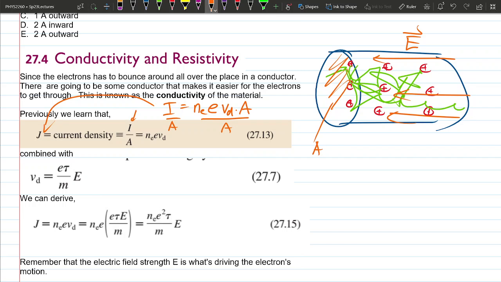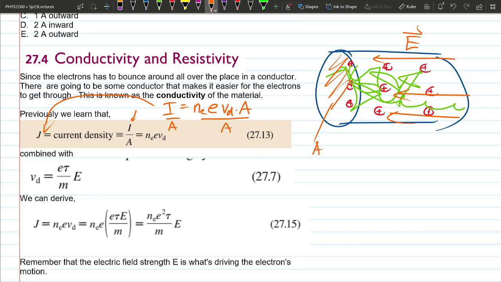So it's just a way to quantify the amount of current that can pass through your conductor without it melting or something like that, by dividing out the physical geometry, how thick the wire is, which is quantified by this area.